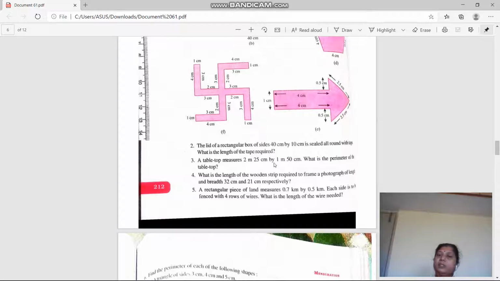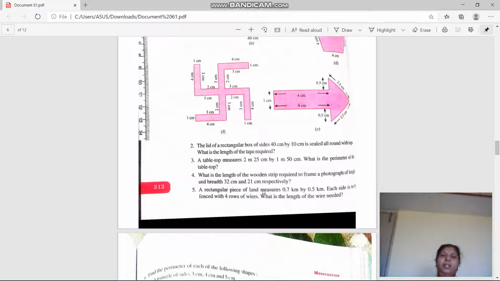So let's convert into centimeter. 2 meter is equal to 200 centimeter, so 200 plus 25, we get 225 centimeter. Next, 1 meter is equal to 100 centimeter, so 100 plus 50, we get 150. Then use the formula and calculate the perimeter.